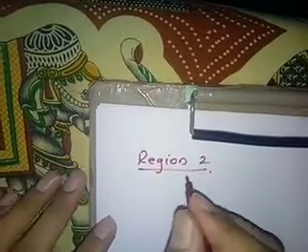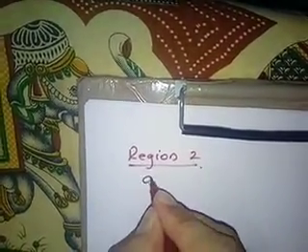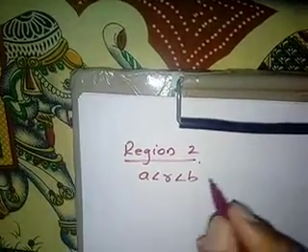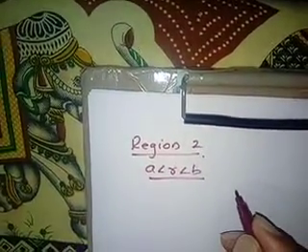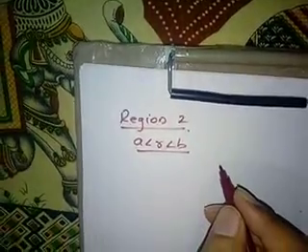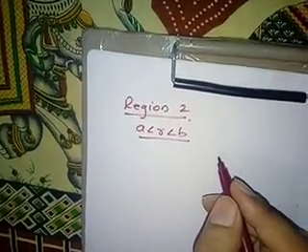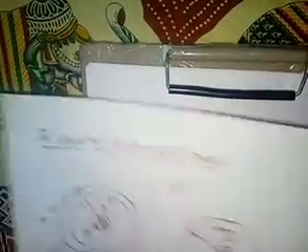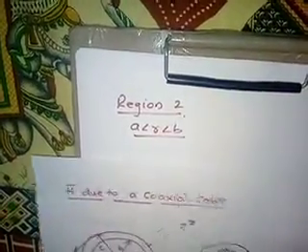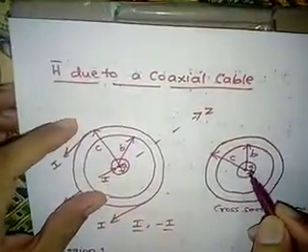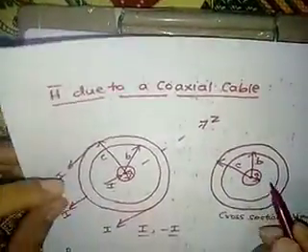Region 2. For region 2, the range considered is a is less than r, that is less than b. So consider a circular path which encloses the inner conductor carrying direct current. This is the top view or the cross sectional view. So a is less than r, that is less than b.